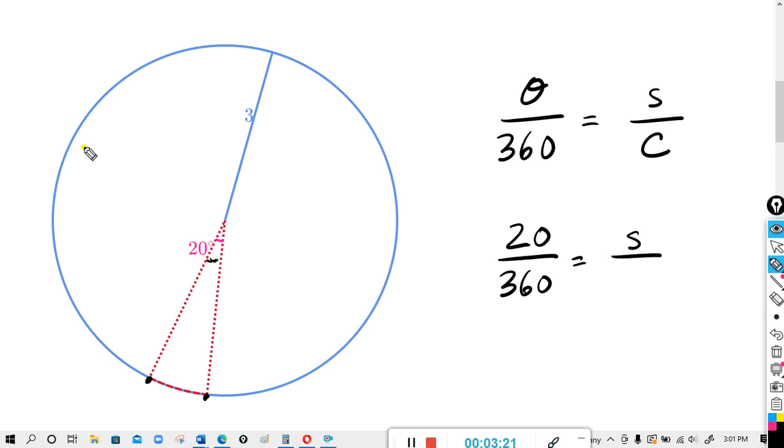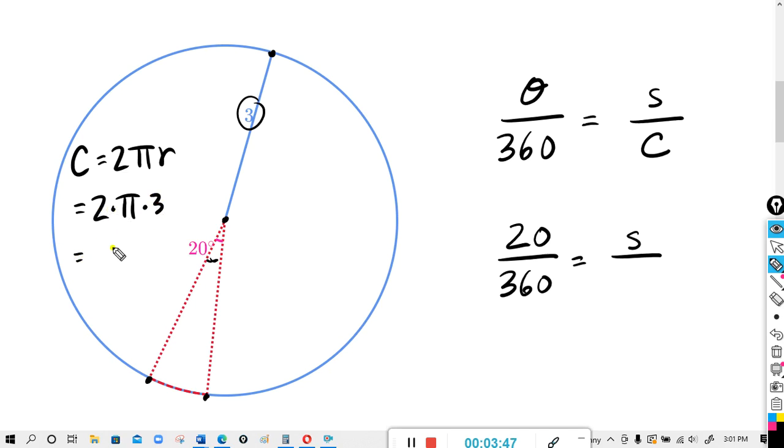We know the formula for circumference is 2 times pi times r. The radius r is 3, going from here to here. So plugging in place of r, that's going to be 2 times pi times 3.